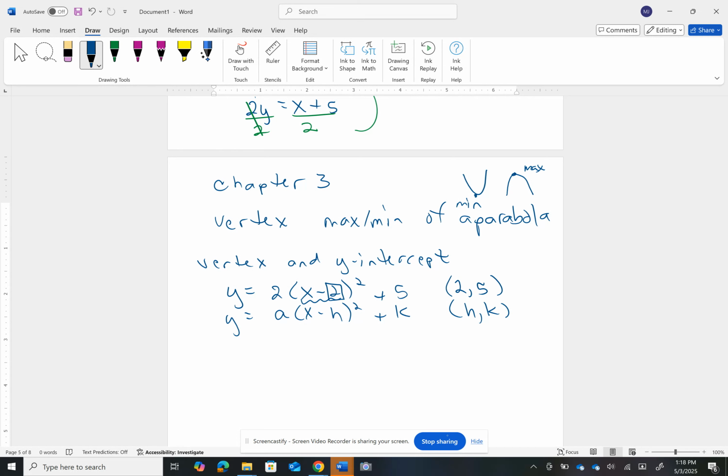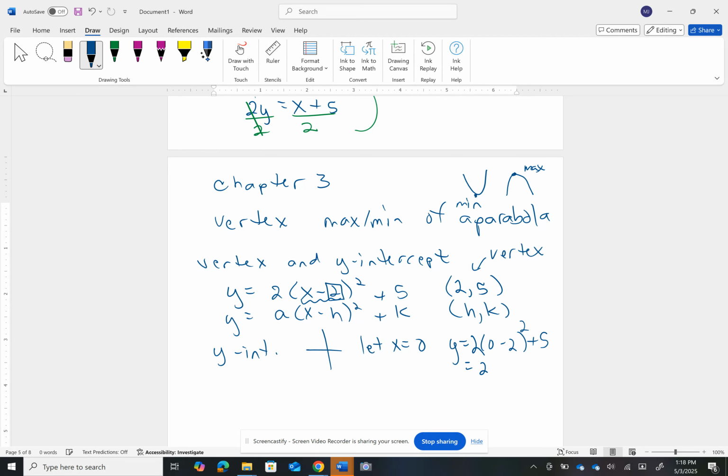All right. Now the y-intercept, that's the vertex. The y-intercept is found like it is for any function. If it's a place where the graph crosses the y-axis, you know to let x equal 0 and just plug in a 0 where x is and solve that. So we have a 2, then (0 minus 2) quantity squared plus 5.